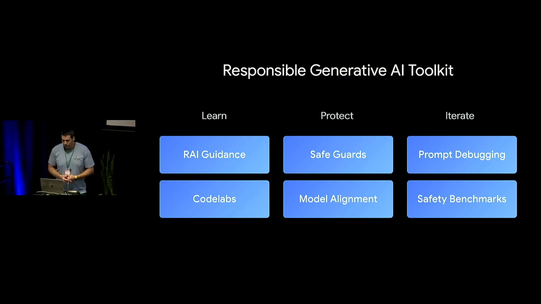Then we provide you with ways to protect your application. These are some of the safeguards that we mentioned earlier, but we also have a thing called model alignment. We'll discuss that in a little bit. And then lastly, we allow you to iterate. Once you have provided the user with these models, you can fine-tune how this works through prompt debugging and also through safety benchmarking.